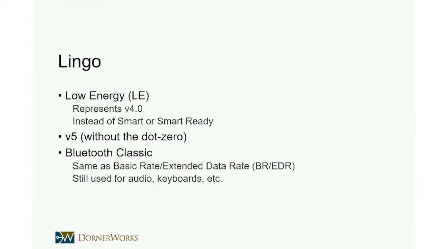They kind of dropped the .0 mantra just to simplify things, I guess. Not really sure. So if you hear people talk about Bluetooth, just note that there's a difference between when they say, I've got Bluetooth headphones, or I can stream this amount of data over Bluetooth, and if they say they're using Bluetooth Low Energy. And now they will say version 5.